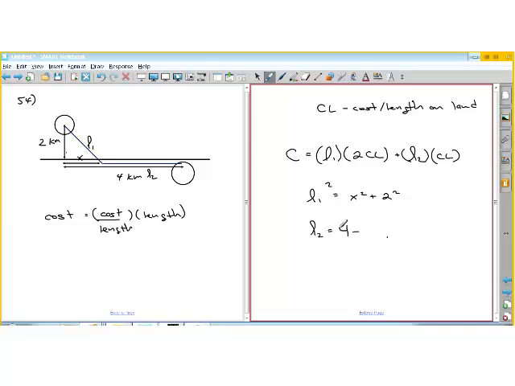And we can also say that L2 is equal to 4 minus x. So this whole distance is 4. This is x, so this blue is 4 minus x. And by having this intermediate quantity, we can take dC/dx and find x, and then we can plug it back in here to find L1 and L2.